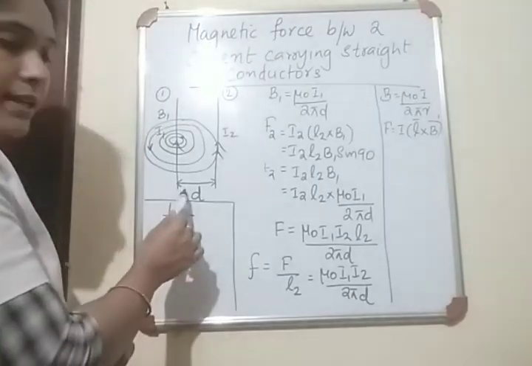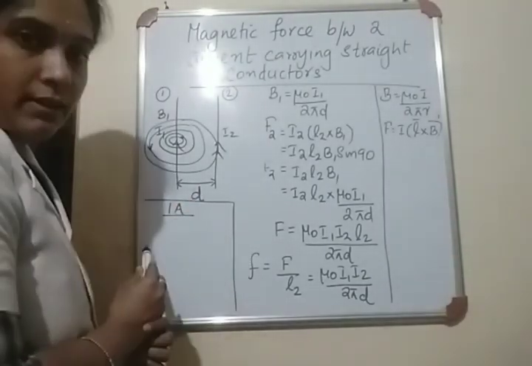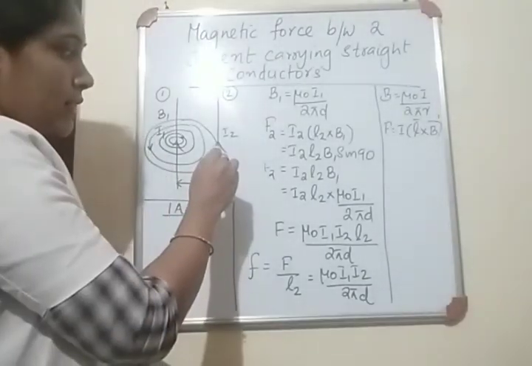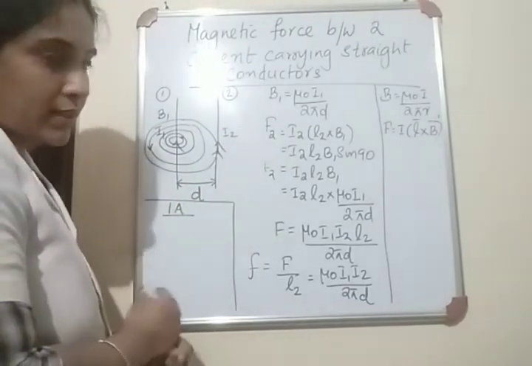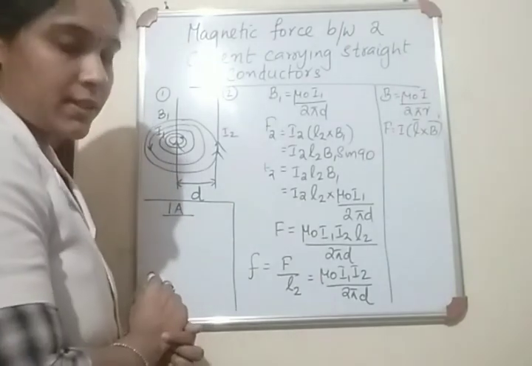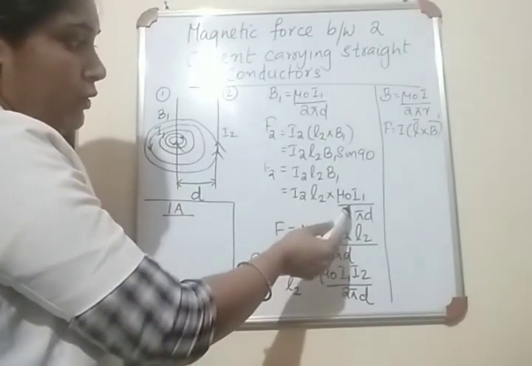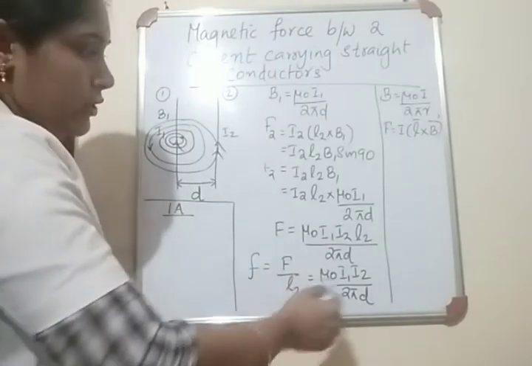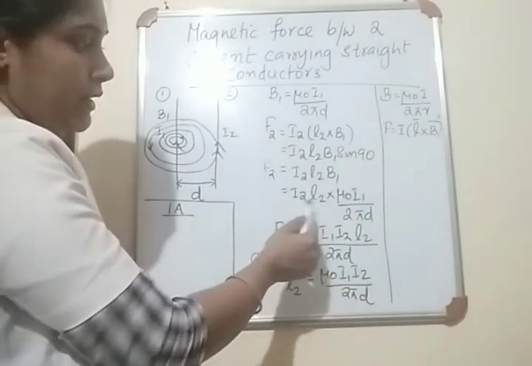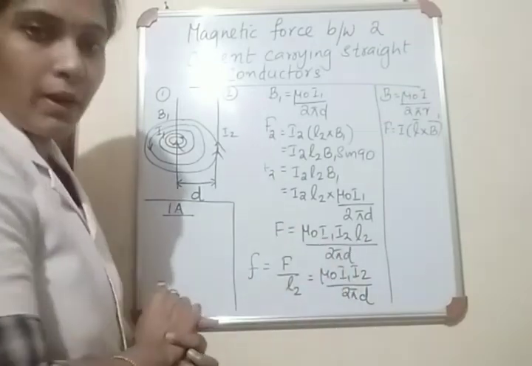Why? d is the distance between these two conductors. We are considering this conductor at a distance of d from the first conductor, so 2 pi d. So substitute B1 equal to mu 0 I1 by 2 pi d. Then rearrange this expression, you will get F2 equal to mu 0 I1 I2 L2 by 2 pi d.